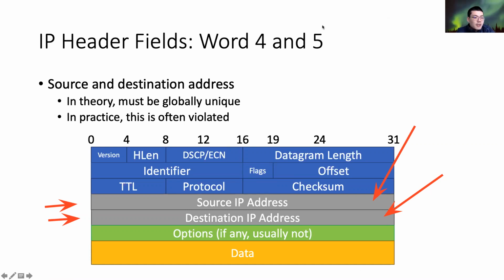In principle, these are unique IP addresses, but in reality there could be conflicting IP addresses, and sometimes they can be shared, like with NAT technology. We will see that.